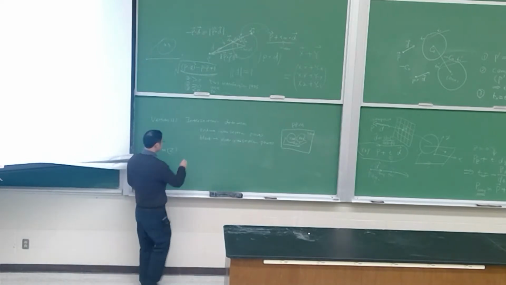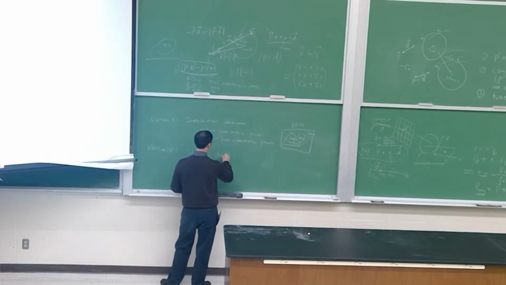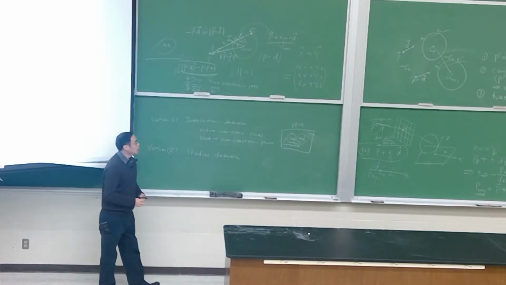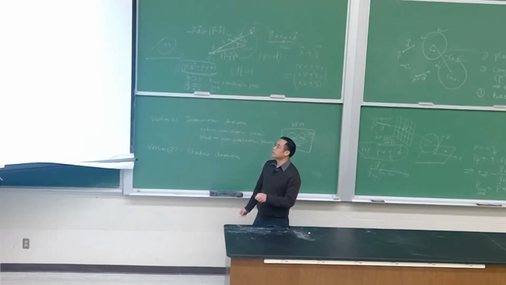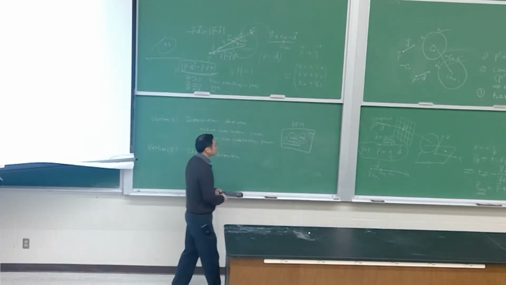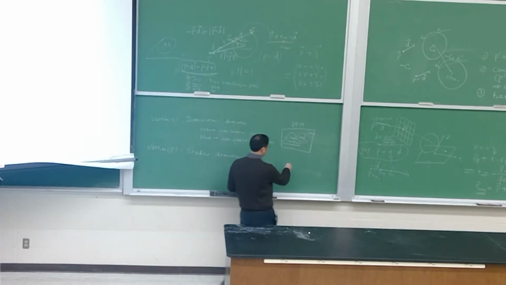Then you come to the shadow detection. When doing shadow detection, you have to consider the secondary ray. So you have a primary ray from the viewer.